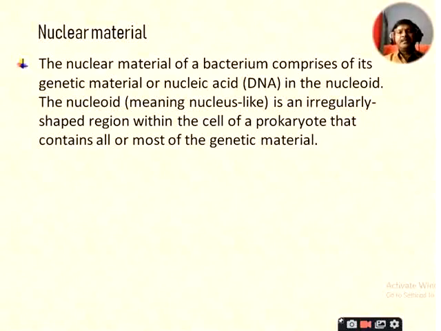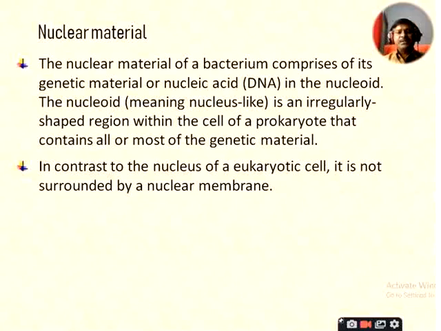This nucleoid is an irregularly shaped region within the cell of prokaryotes that contains all or most of the genetic material, that means DNA. Okay. In contrast to the nucleus of a eukaryotic cell, it is not surrounded by a nuclear membrane.